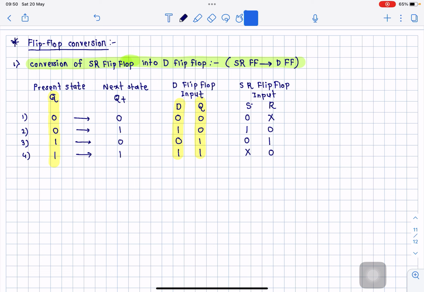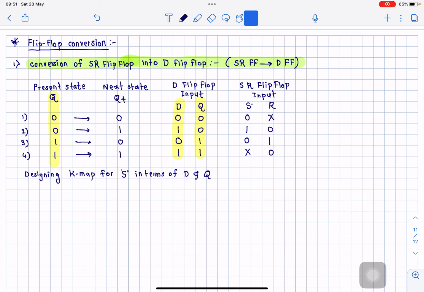Now what we do is we will draw K-map for S in terms of D and Q. Designing K-map for S in terms of D and Q. How many inputs are there?